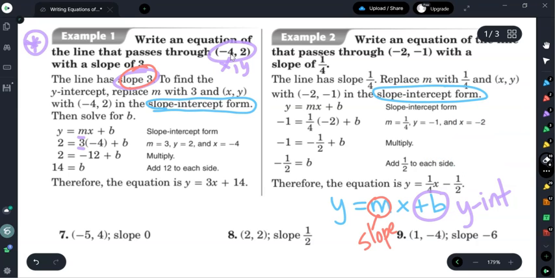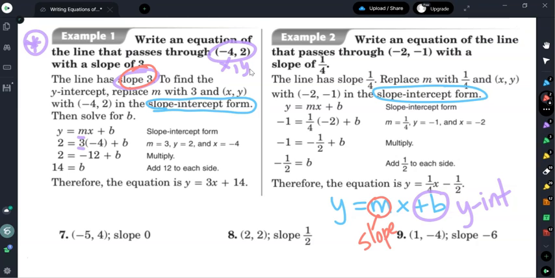So let's look back at the example. I know an x and I know a y that are a part of this line. So I'm going to plug in my x coordinate, -4, for x in the equation.